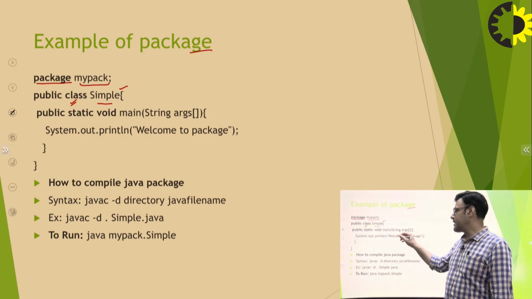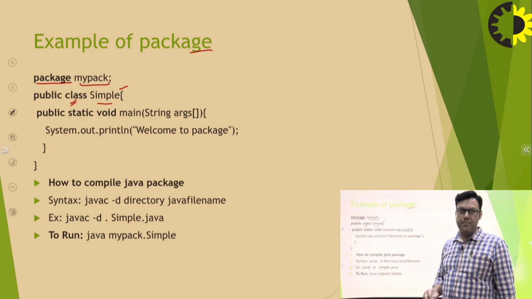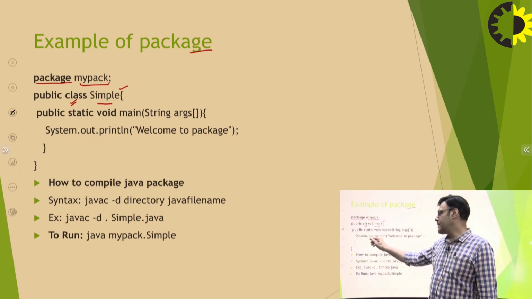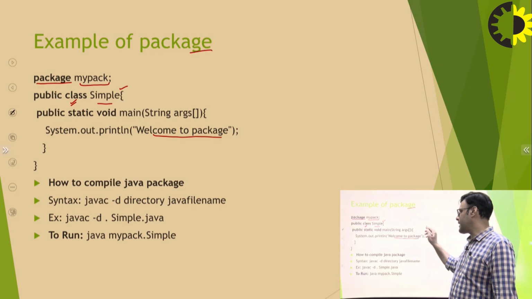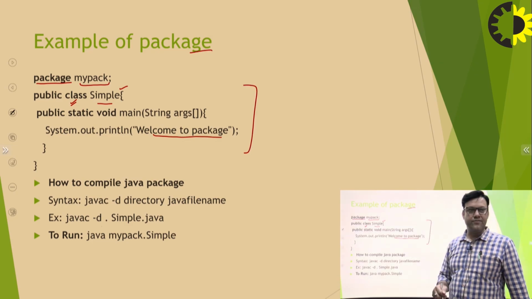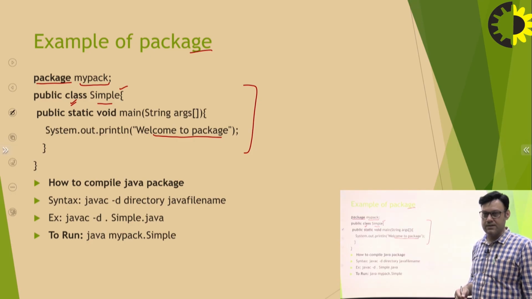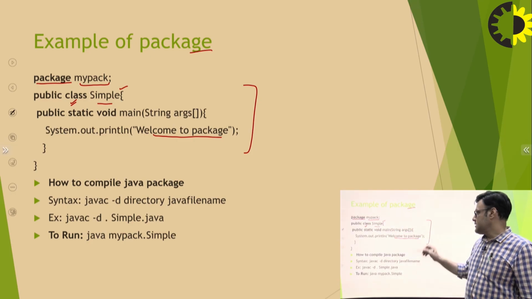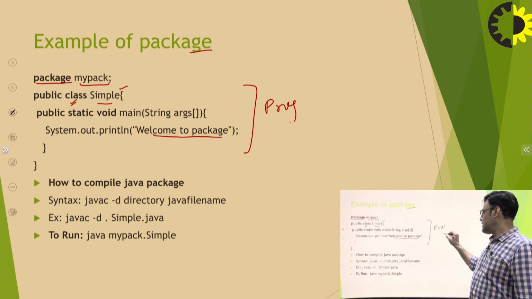Under that class we have the main method, public static void main(String args). Simply, I have just printed "Welcome to package". This is my small program that illustrates the concept of a package. So, package mypack, and this is my code.